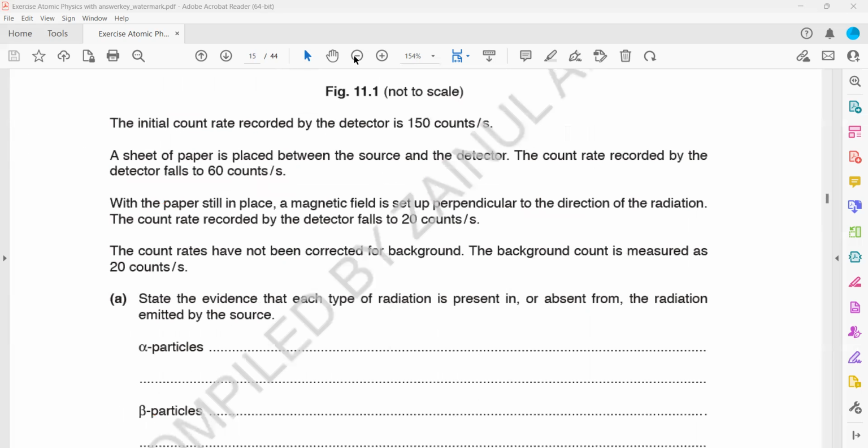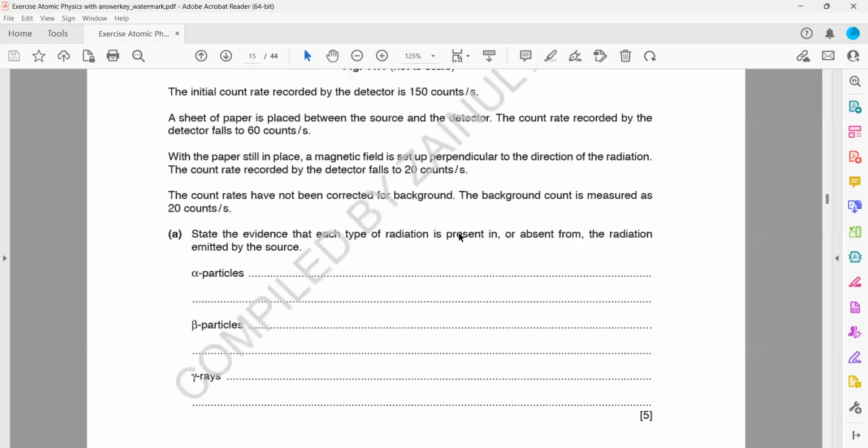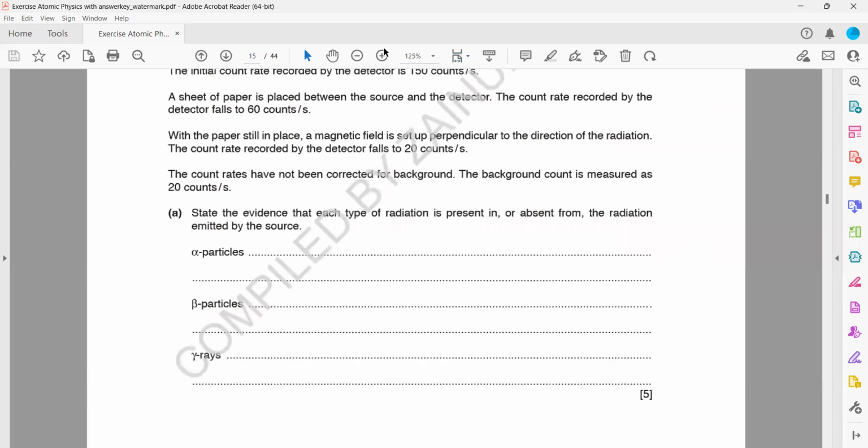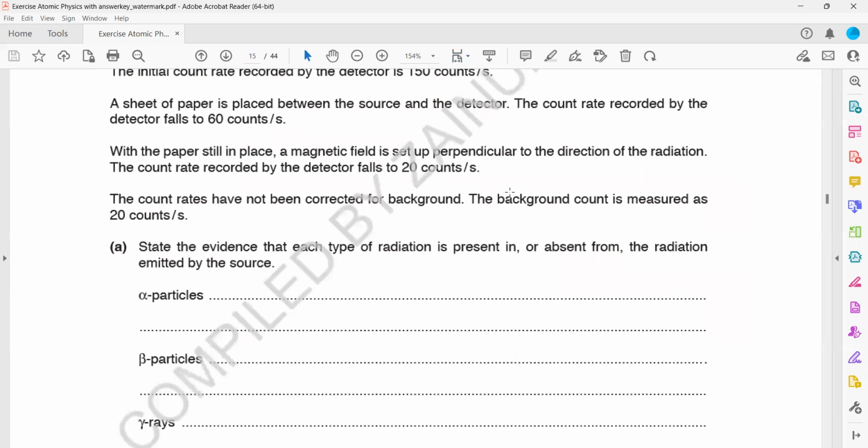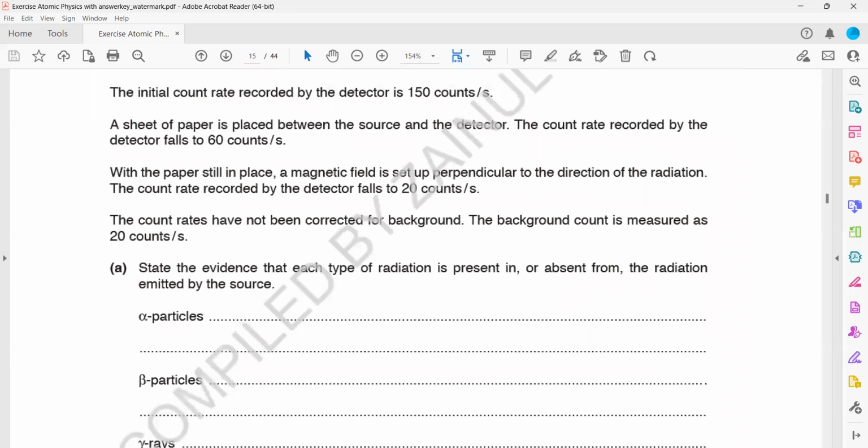Okay, the next one, we have to identify, in the question, the initial count rate was 150 counts. So initially we receive 150 counts from this.